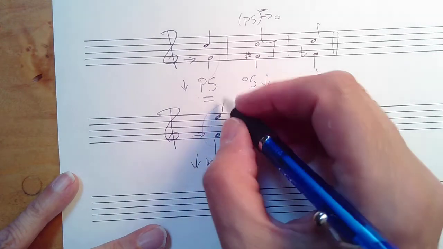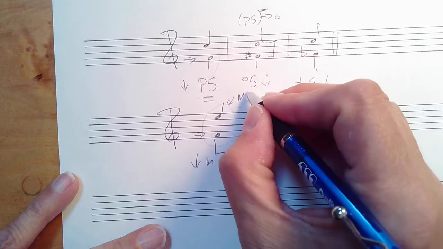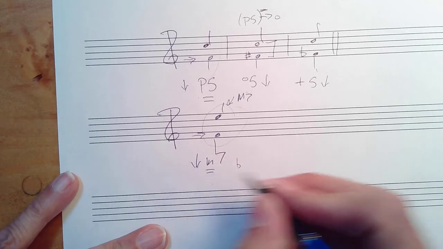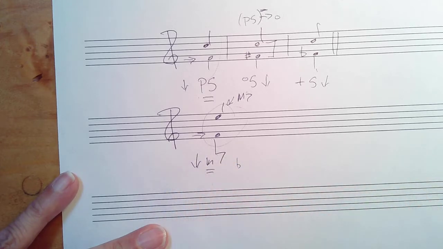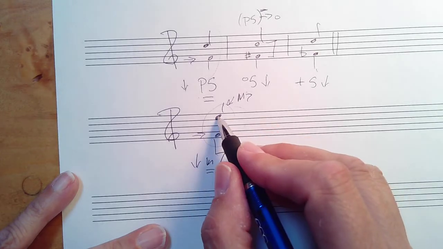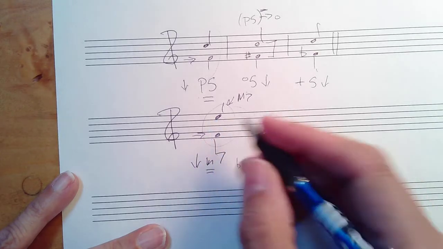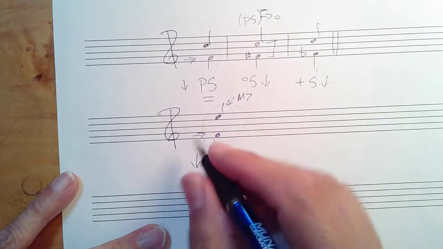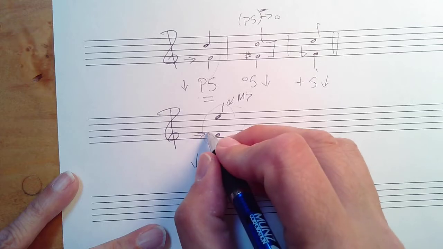So right now, this is a major 7th because this is the 7th note of the F scale. To make major into minor, we need to make the interval a half step smaller. We cannot change the top note. We need to change the bottom note. So to bring these two notes closer together, we need to raise the bottom note.